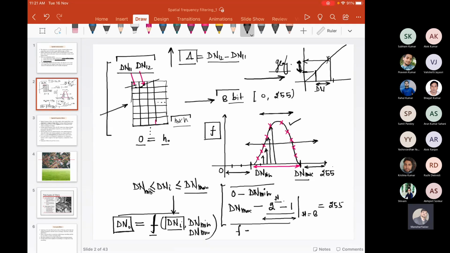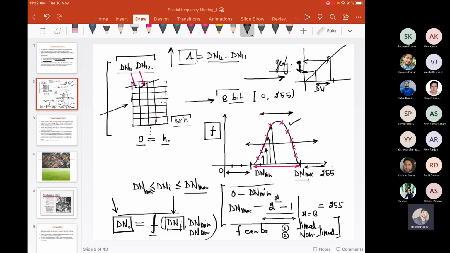First case, linear, which we discussed in the previous class, and second one is non-linear. We'll see both cases, linear and non-linear, the mathematical expression that is used to modify the value of input DN.